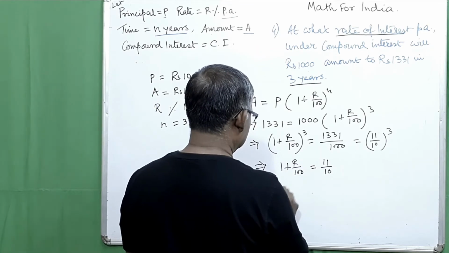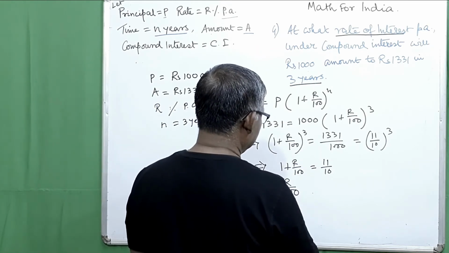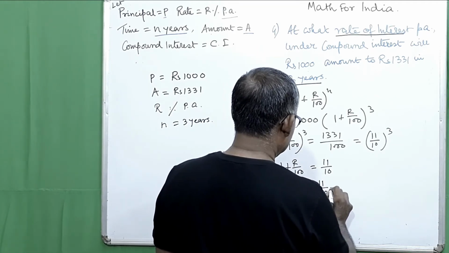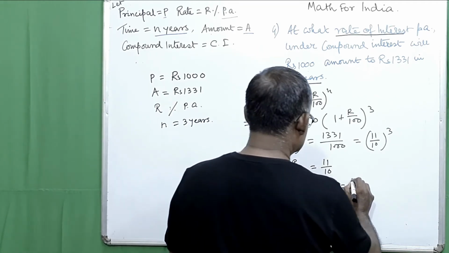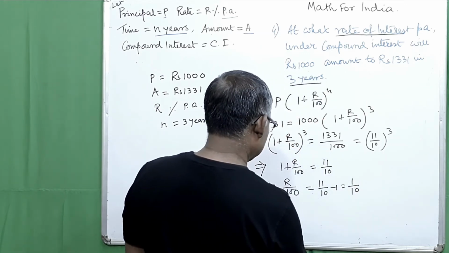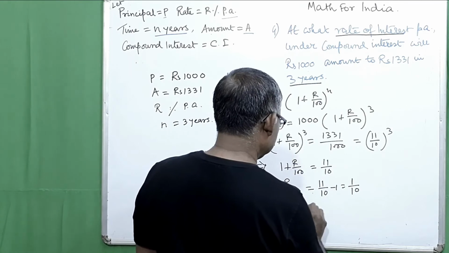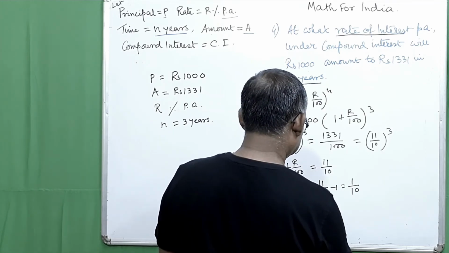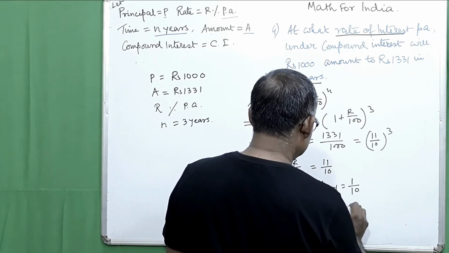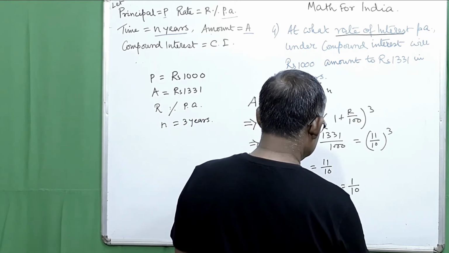This implies that R by 100 equal to 11 by 10 minus 1, that is 1 by 10. This implies that R equal to 1 by 10 into 100, that is 10.